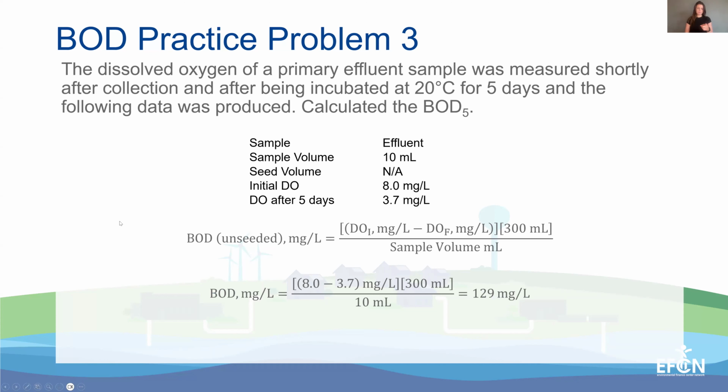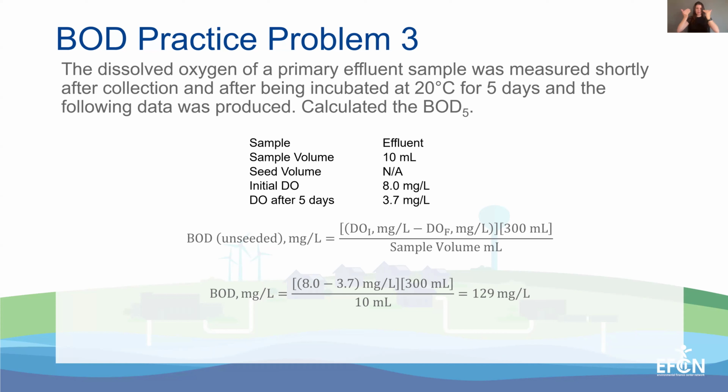So as you can see, we had our influent DO, like we said, that goes where DO sub I goes. That 3.7 goes where the DO sub F. So we subtract that 3.7 from the 8. Then we multiply it by my 300 milliliters over my 10 milliliters.